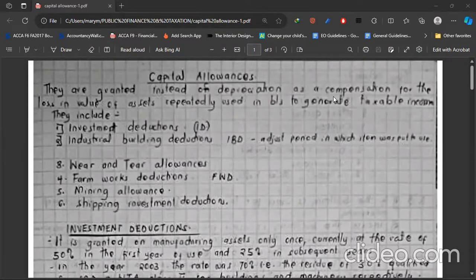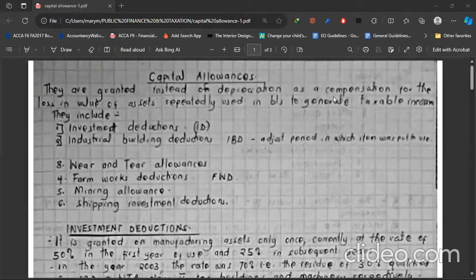So allow me just to introduce capital allowances. I remember I was able to share certain documents which discuss the investment allowances. I was not able to type my short notes, which I looked at today based on the few changes which might have already been affected by the Finance Act.